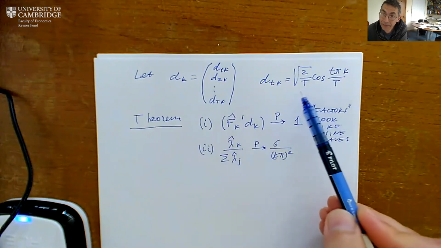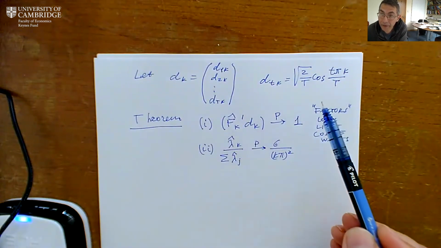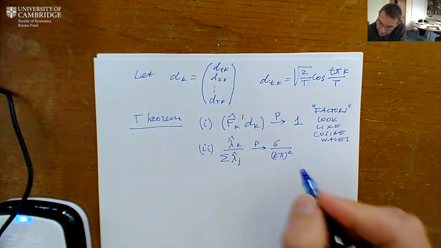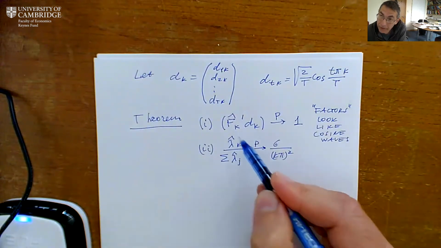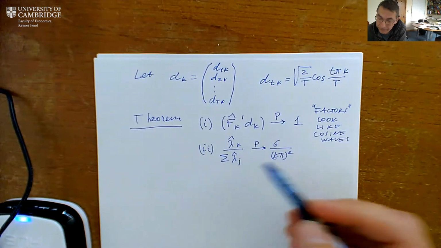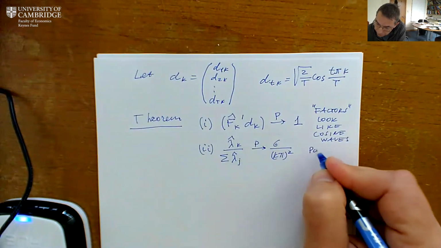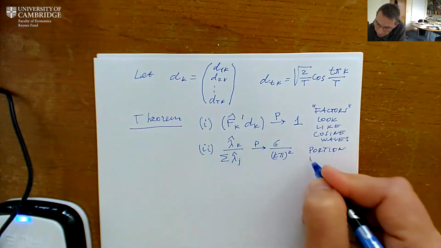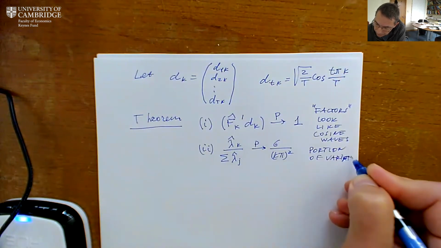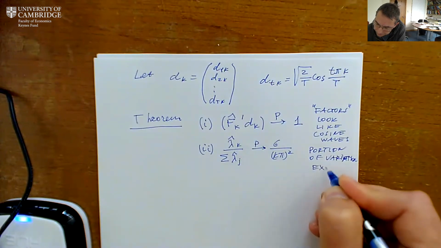And this vector is simply a cosine wave vector. And what is this ratio? This ratio describes the portion of variation explained, quote unquote, by the factor.